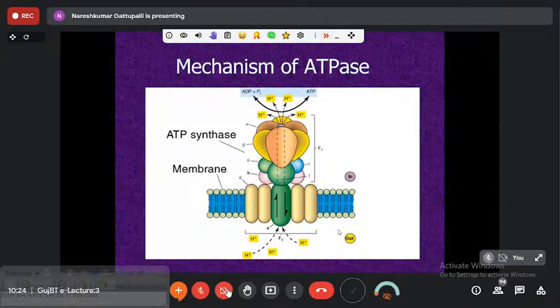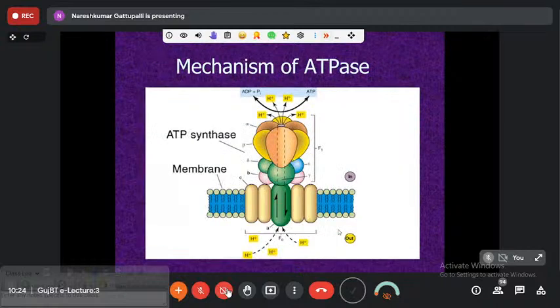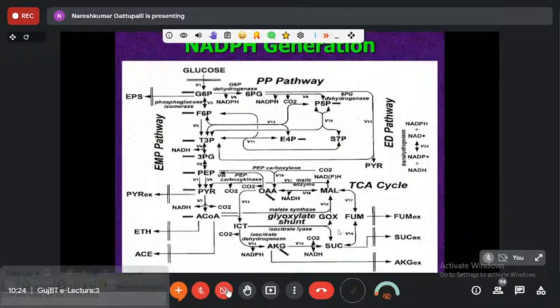That NADH and whatever is generated in the TCA cycle, all those reduced cofactors are used through electron transport to generate proton-motive force. Some amount of proton-motive force is converted into ATP by ATPase. In addition to this, we also have NADPH generation, which is required for anabolic processes.